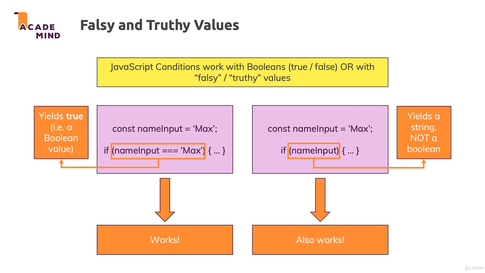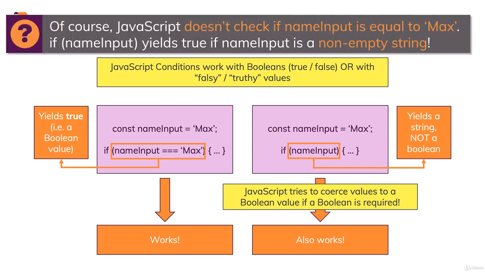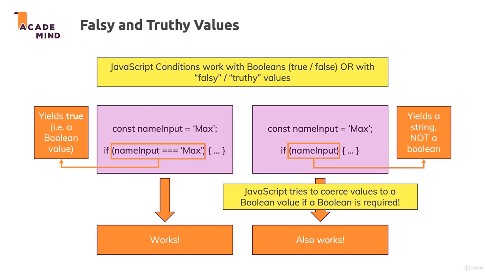And still this works. And this works because JavaScript tries to coerce values to a Boolean value if a Boolean is required, as is the case in the if statement. So yes, if statements work with Booleans, but JavaScript tries to convert a value to a Boolean if it doesn't get a Boolean comparison and also not a Boolean itself.